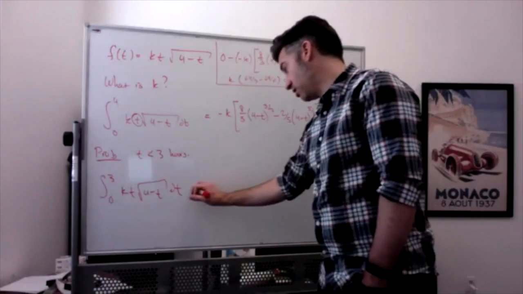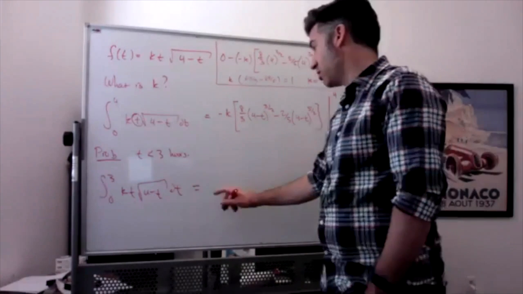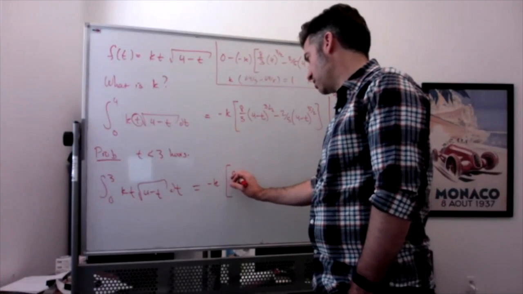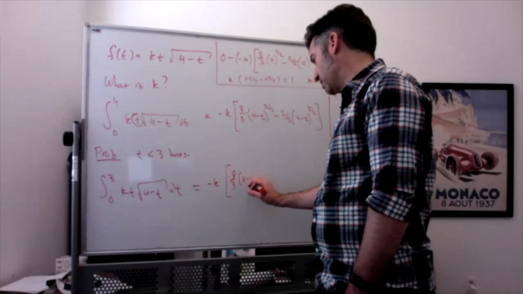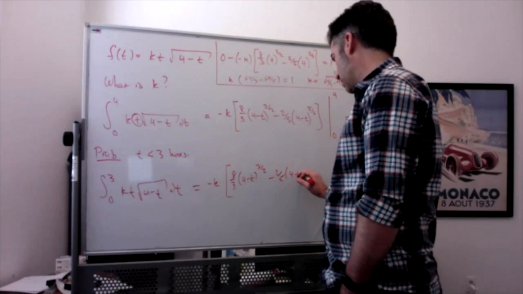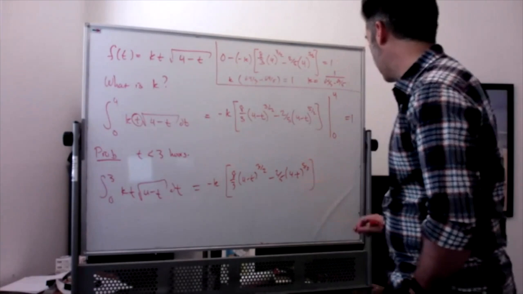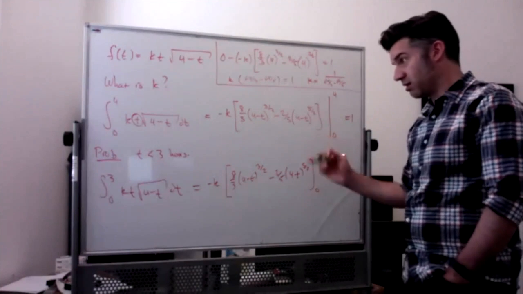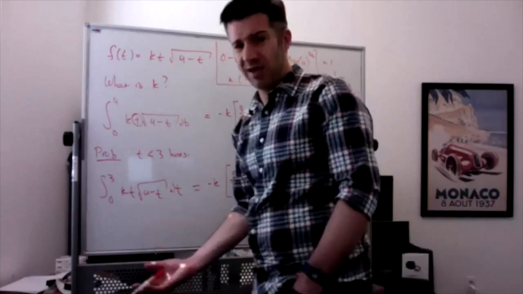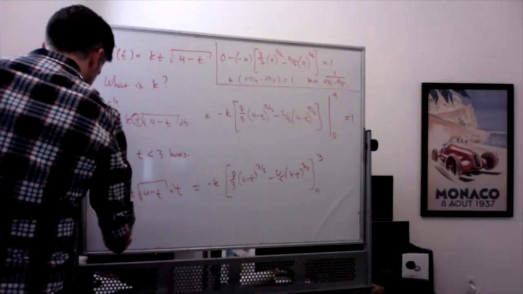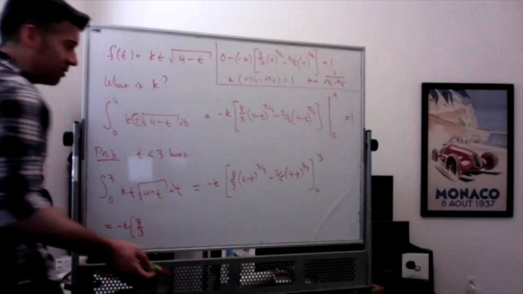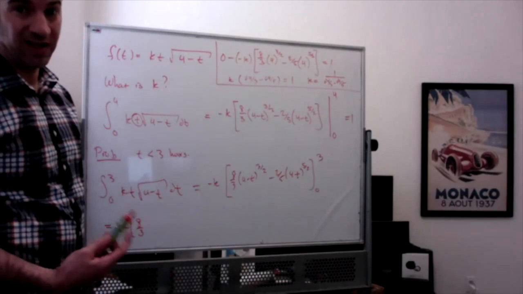So that's going to be this thing here, negative k, whatever that is, times 8/3 (4 minus t) to the 3/2 minus 2/5 (4 minus t) to the 5/2 from 0 to 3. And then you would plug in 3 for t, and it's going to be kind of awful, right? Luckily, when you plug in 3, 4 minus 3 is 1, and 1 to any power is 1.